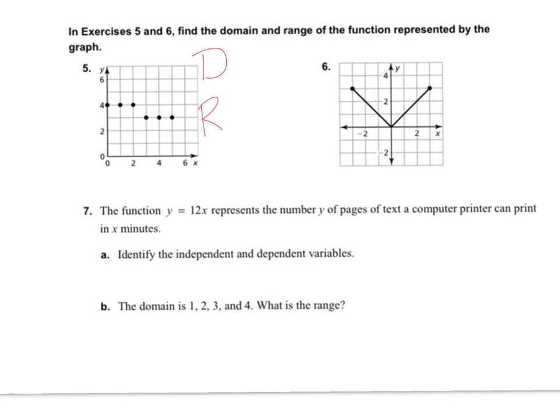And when there are discrete ordered pairs, sometimes it's best to just look at them as ordered pairs, or maybe make a table of the values. And so on number 5, I could make me an XY table. So 0, 1, 2, 3, 4, 5 would be our x values.